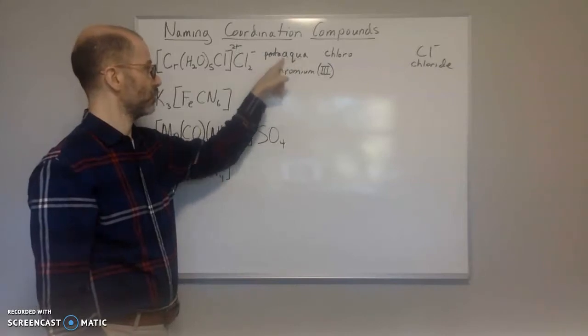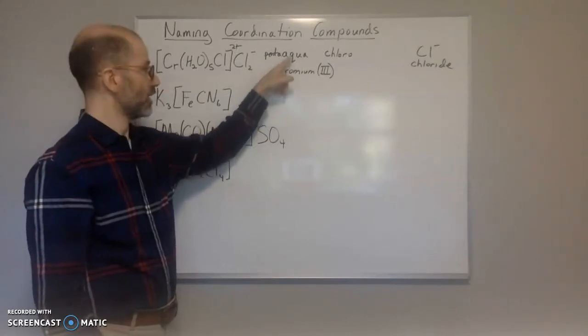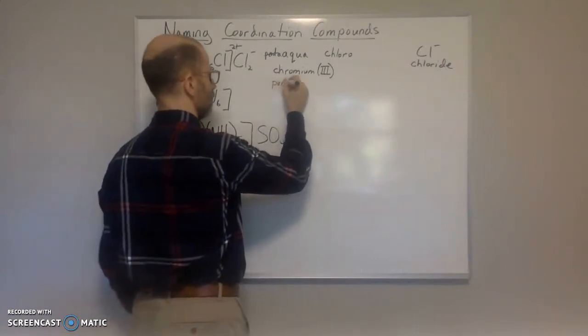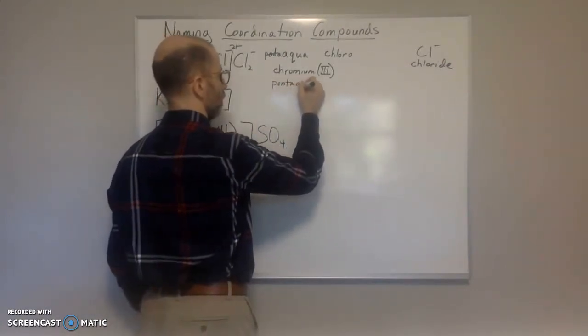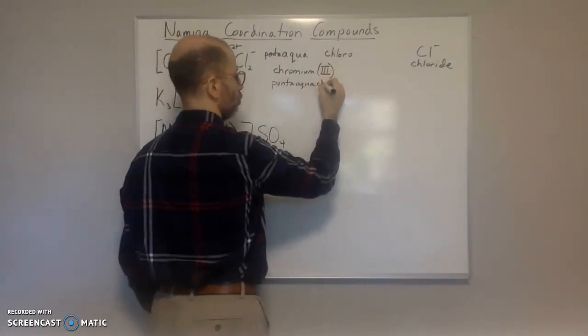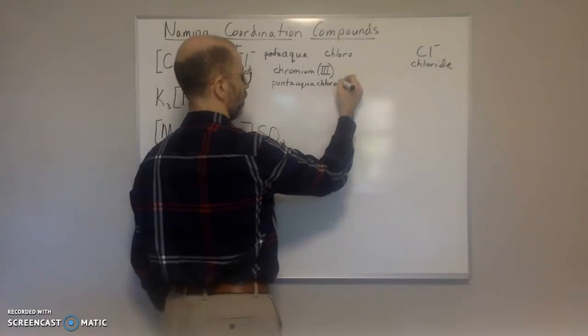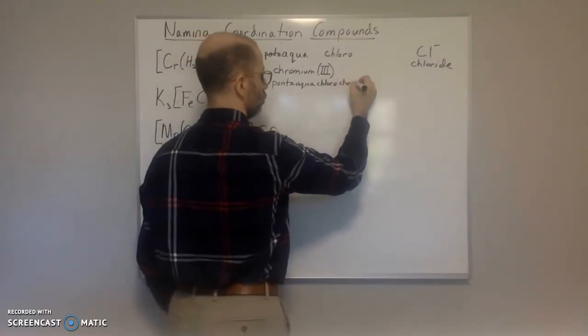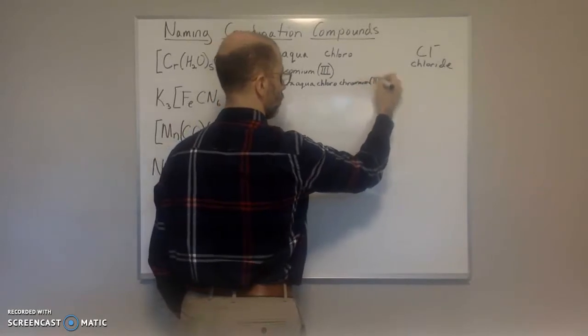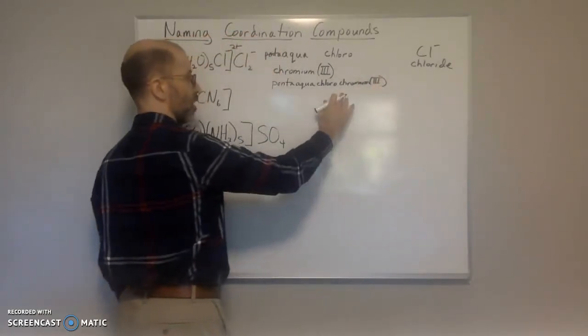You write it with respect to the root. So here it's aqua, so that's going to be written first. So we have penta-aqua, followed by chloro, followed by chromium 3. So that's the first part of the name.